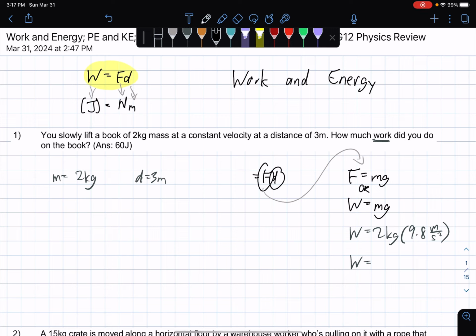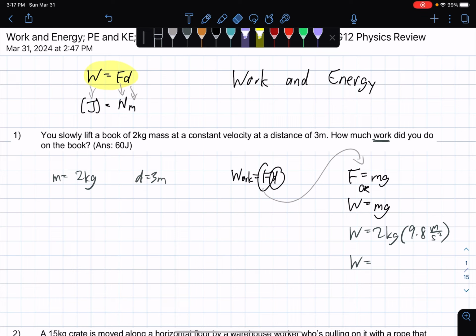By the way, this is work. In my school, we were taught that weight and work have the same letter, capital W. But it may be confusing, so you want to distinguish work and weight. For the rest of the video, I'll be writing work as the complete word instead of just W. W will just be for the weight.